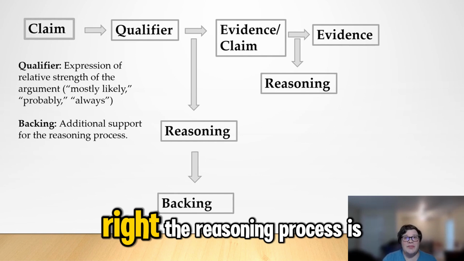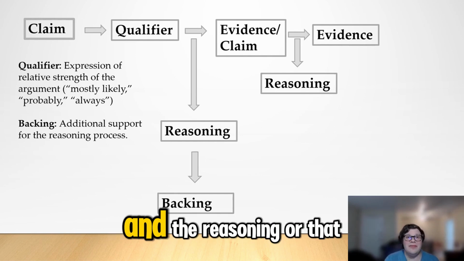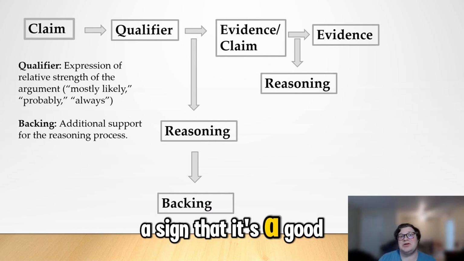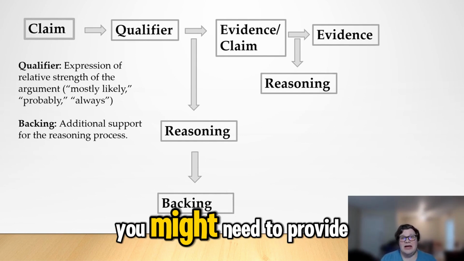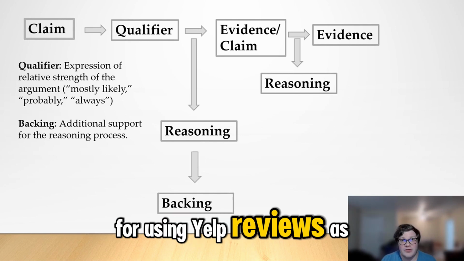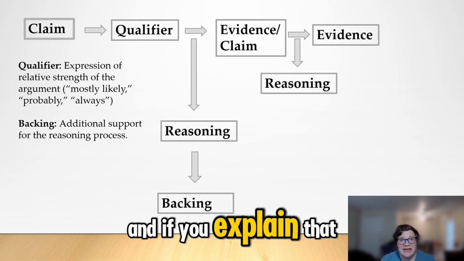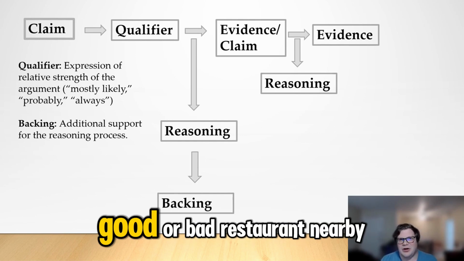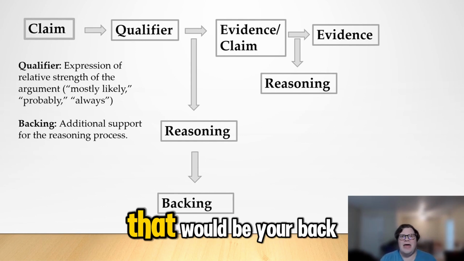In that case, the reasoning process is unstated, and the connection is that Yelp reviews are a sign that it's a good restaurant. You might need to provide some additional justification for using Yelp reviews as your evidence. If you explain that justification for why we can use Yelp reviews to know there is a good or bad restaurant nearby, that would be your backing.